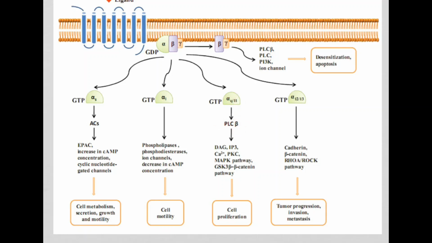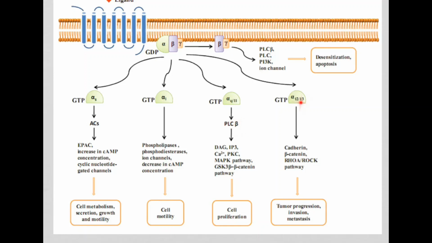Right now, just make the connection between alpha Q and the activation of phospholipase C. This is not going to be dealing with cyclic AMP. Now we're talking about a completely different mechanism. It's going to ultimately lead to a calcium spike by a mechanism that's coming up next. But for now, just make that association.